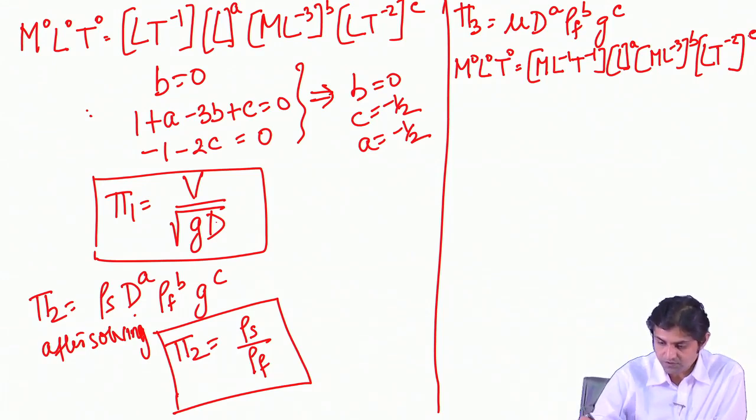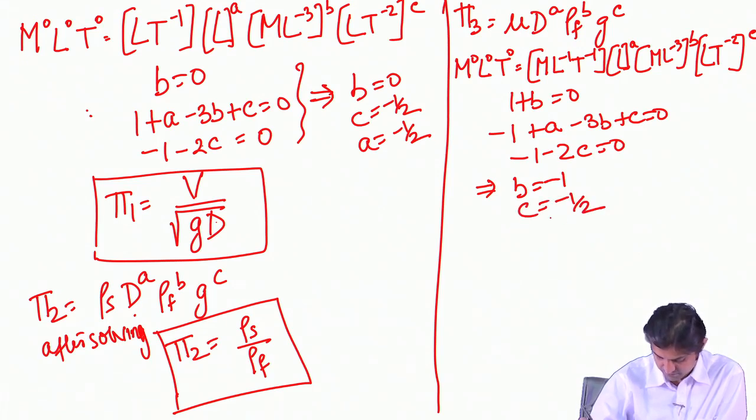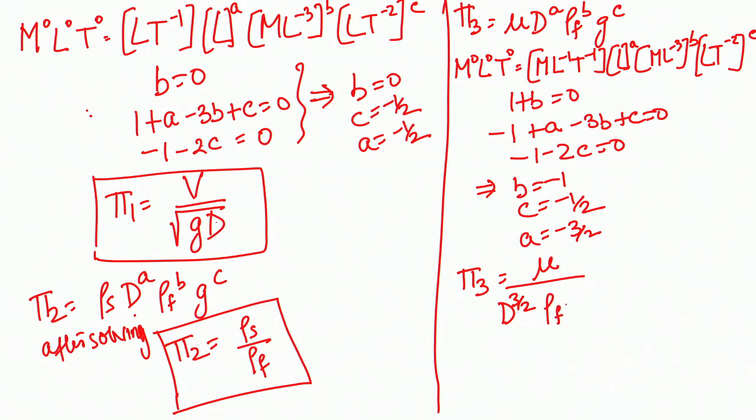So, this will give us 1 plus b is equal to 0, minus 1 plus a minus 3b plus c is equal to 0, minus 1 minus 2c is equal to 0, and after solving, it will give b as minus 1, c as minus half and a as minus 3 by 2. So, pi 3 is going to be mu divided by d to the power 3 by 2 rho f g to the power half.